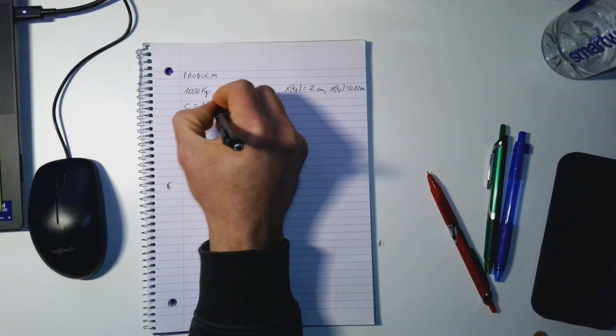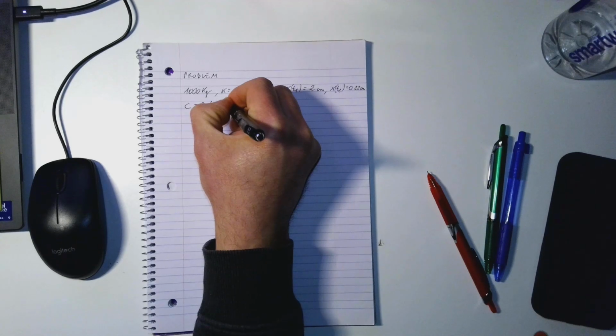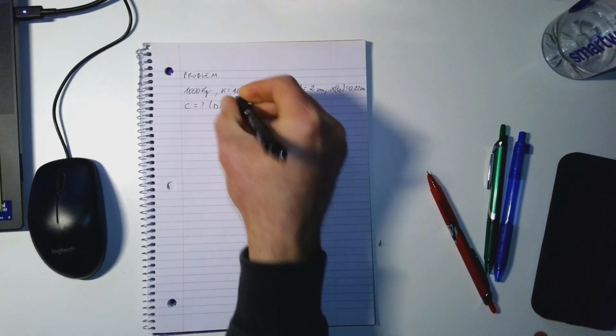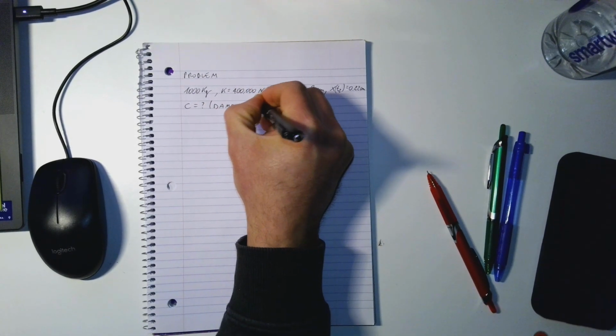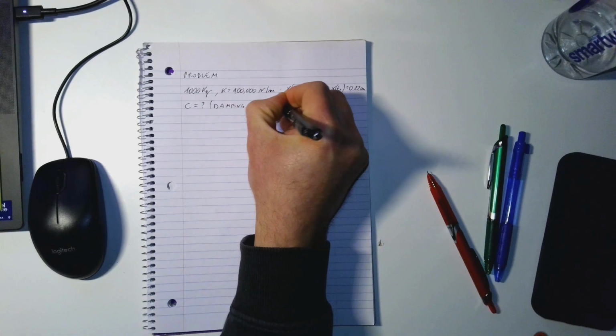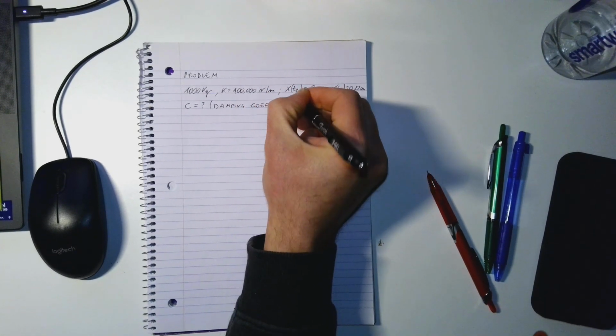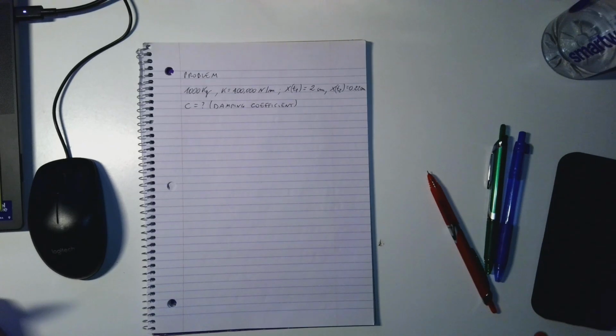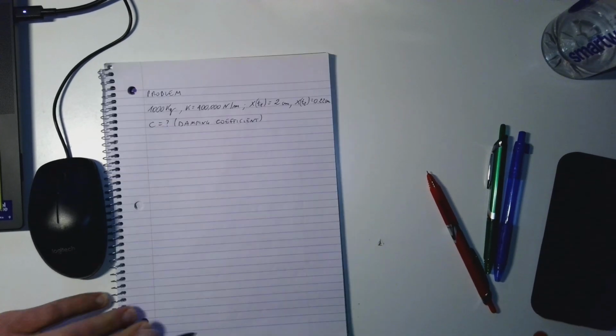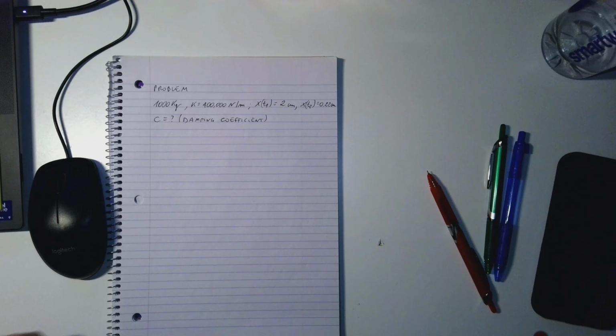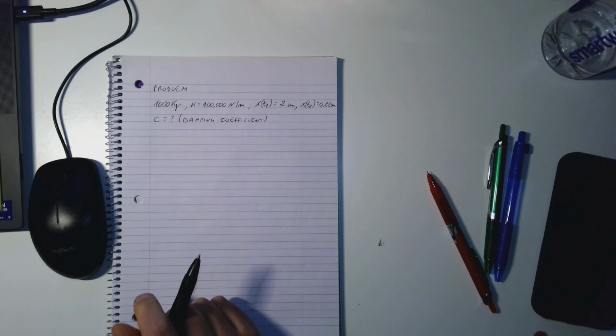So let me put here damping coefficient. And of course the two quantities are related to each other. So we can start by looking at the relation between damping ratio and damping coefficient. This is one of the equations that we wrote maybe last week.